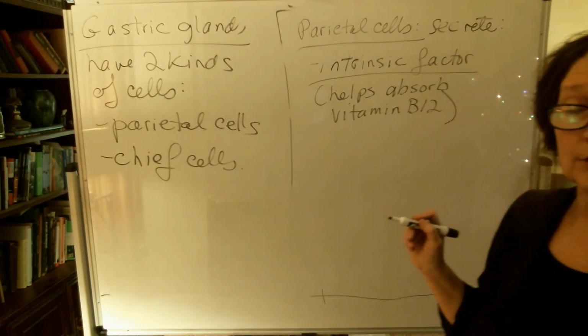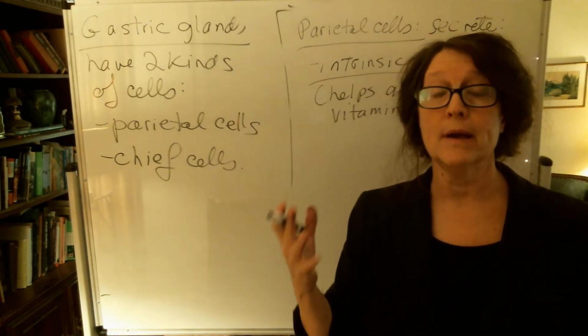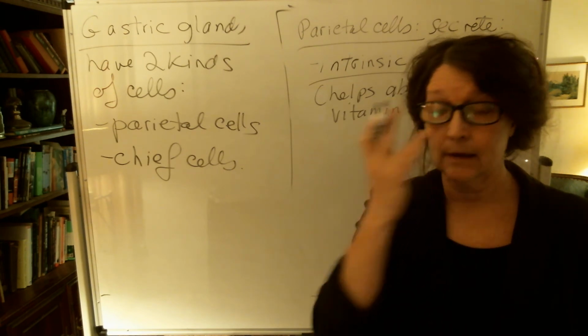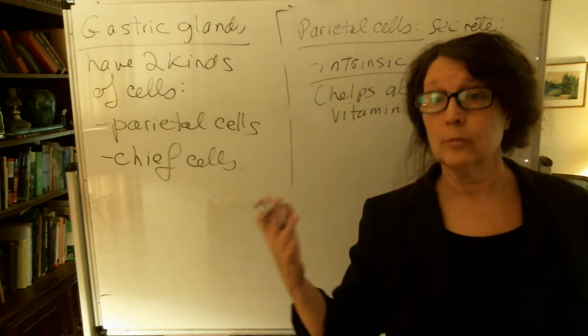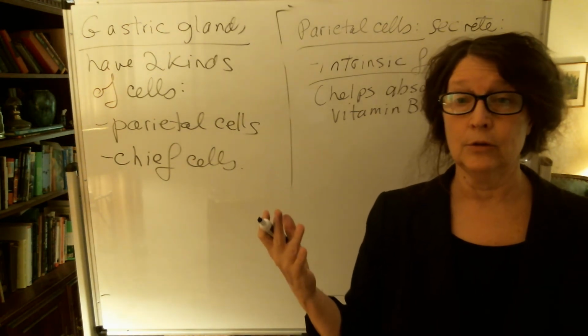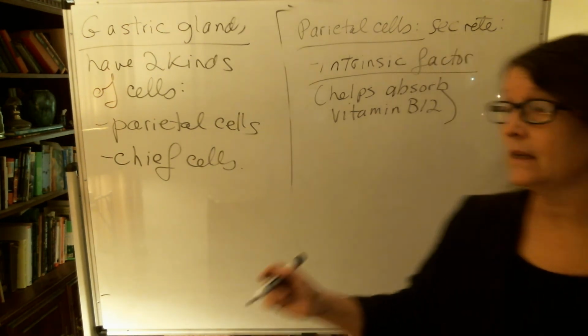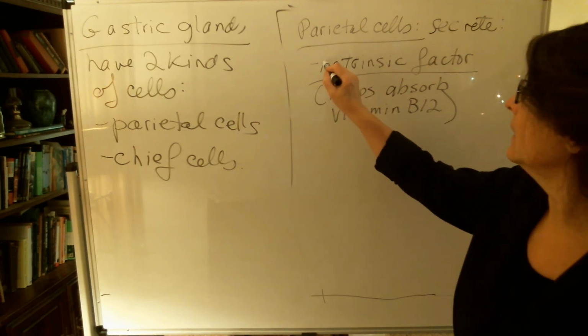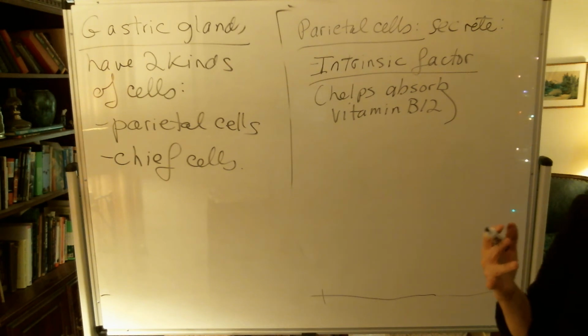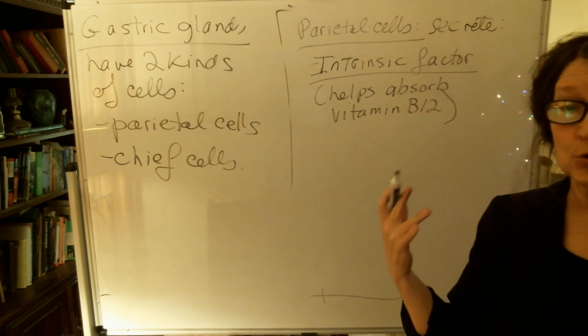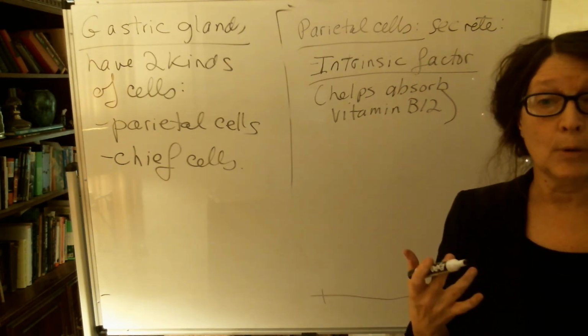This is a peculiar thing about vitamins. It's not just a matter of what vitamins you take in through your diet. You also have to be able to absorb them, which is a peculiar chemical matter all to itself. And basically, without intrinsic factor, our bodies are incapable of absorbing vitamin B12 through our diet.